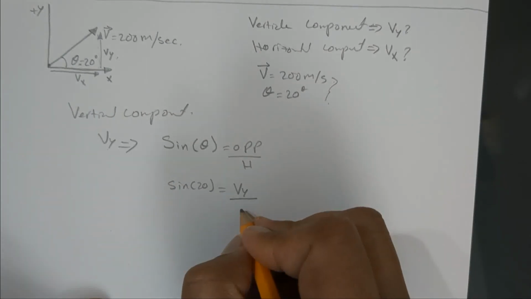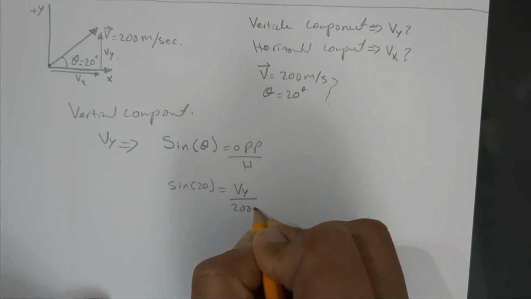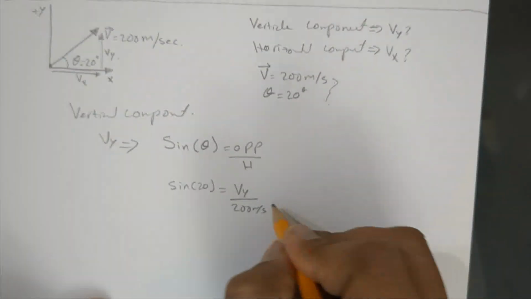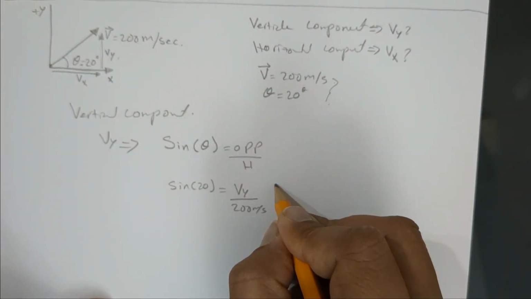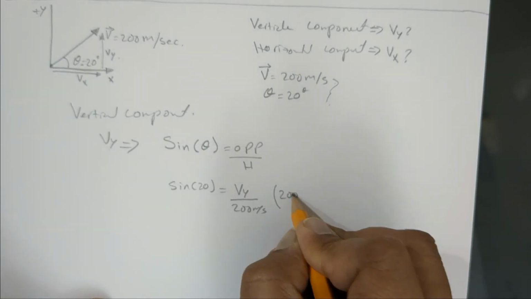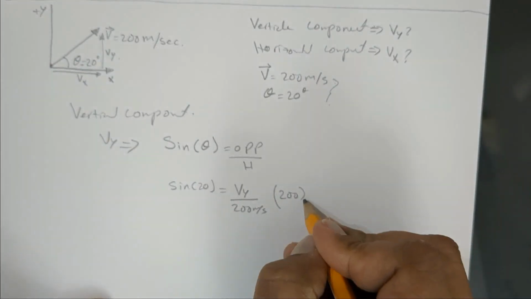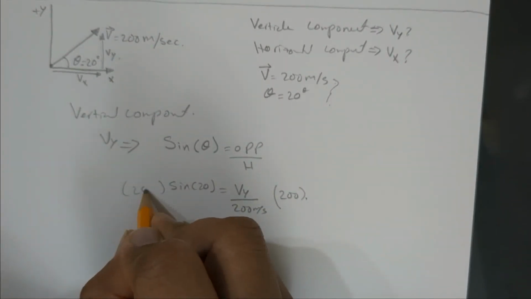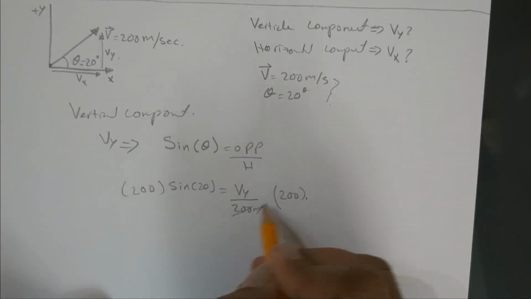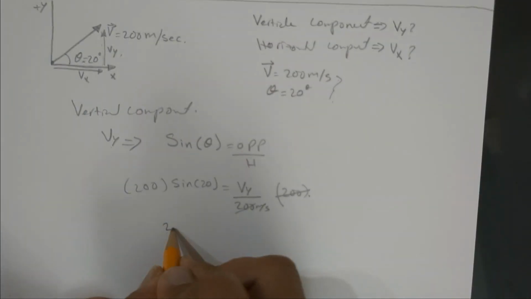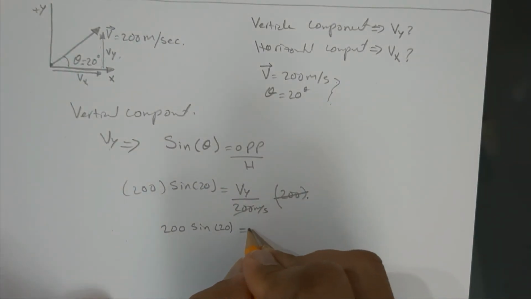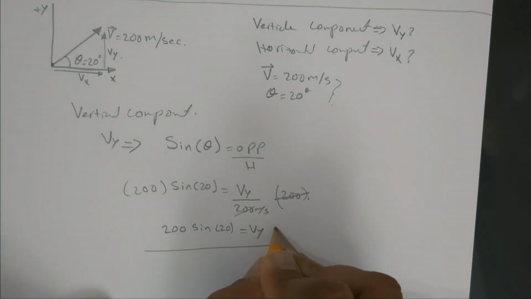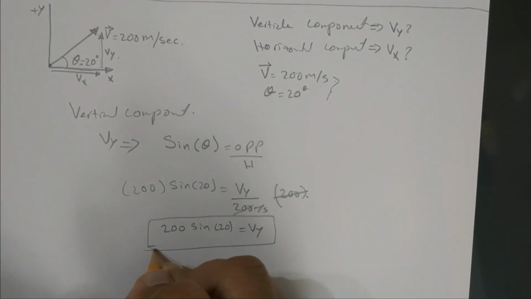But we know the hypotenuse, that's 200 meters per second, okay? So now we just multiply each side by 200, and basically these get cancelled out. So now the remaining is 200 sine 20 equal Vy. So now we have one equation here. We just have to solve it, and we'll do the next step.